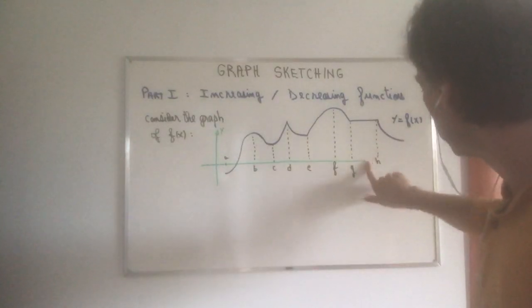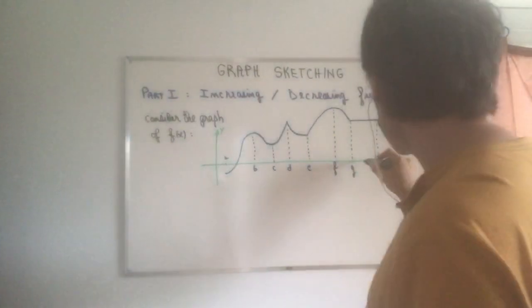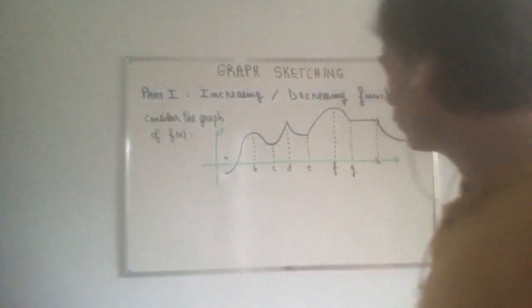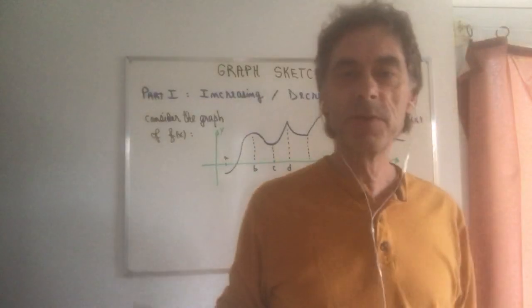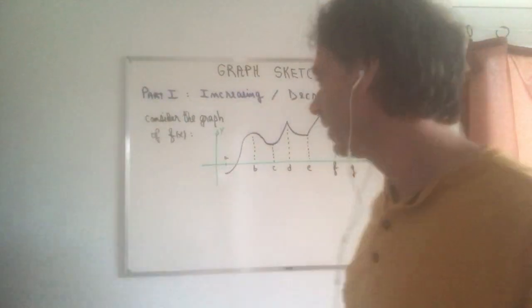That should give us plenty to do the analysis we need on the parts of this graph that are increasing and decreasing. So let us begin with something fairly intuitive. By intuitive I mean we all know what increasing and decreasing mean. Increasing means it's going up, and decreasing means it's going down.